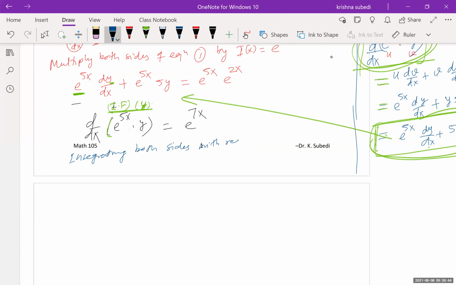So you're going to get d over dx of e to the 5x times y. Maybe you can do this way, I think this will make things more clear.